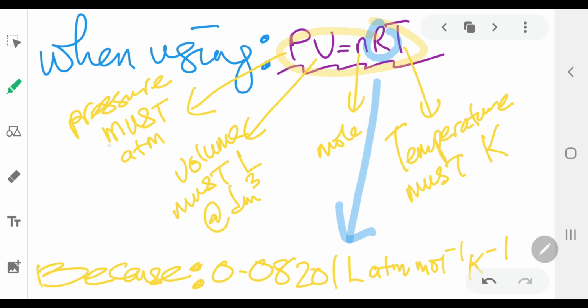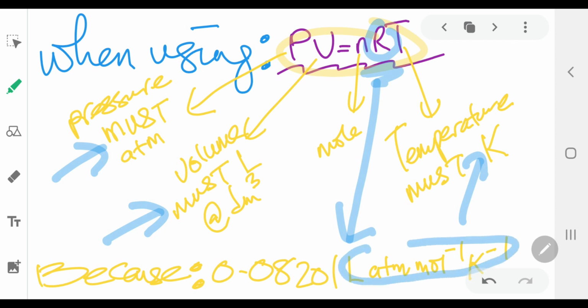So why do we need to make sure your pressure needs to be in atmospheric pressure or ATM? Volume must be in liter. Temperature must be in Kelvin, because in the value of R here, the units is already in liter, ATM, mole, and Kelvin.